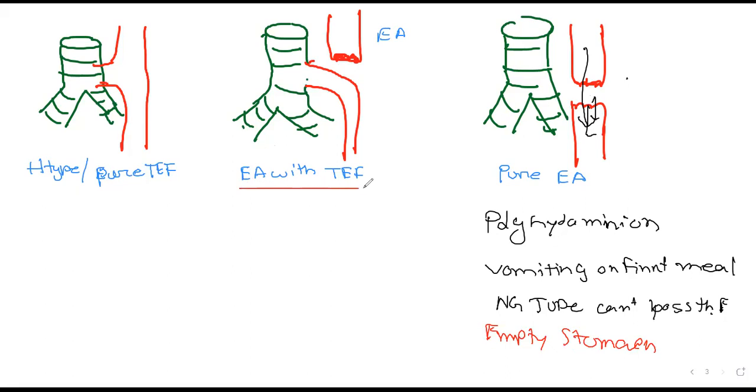Now come to this type, esophageal atresia with tracheoesophageal fistula. That is the most common type. Here the story is the same. This baby cannot swallow its amniotic fluid. So in utero, this baby will develop polyhydramnios, and as this baby cannot swallow anything, this baby will also vomit on its first meal.